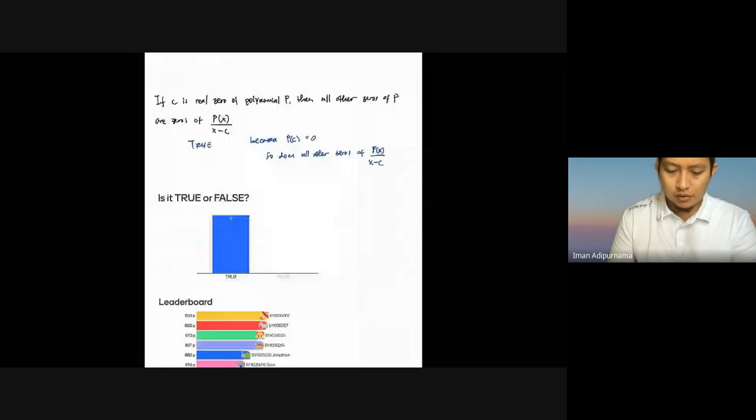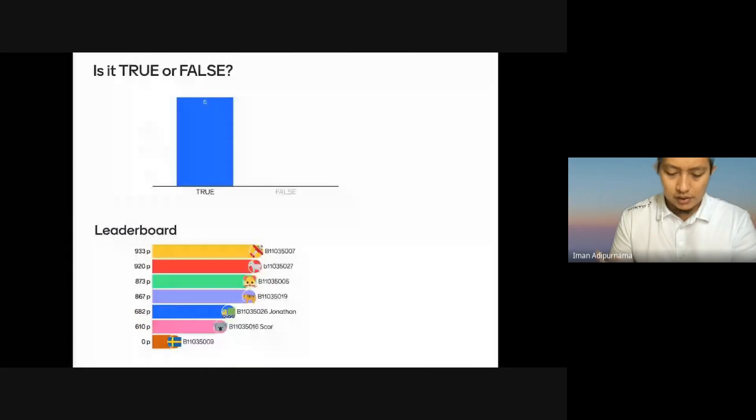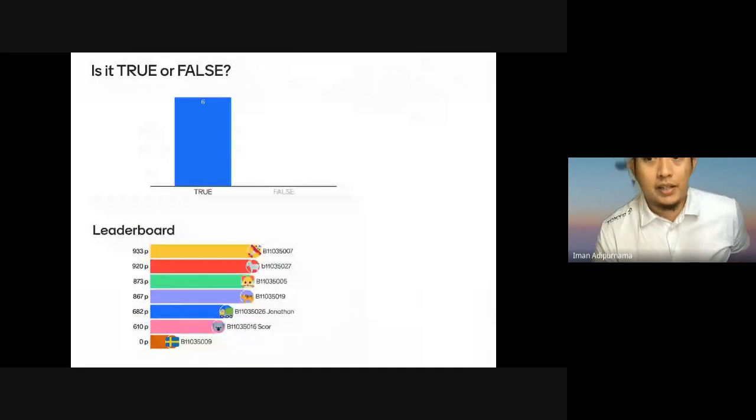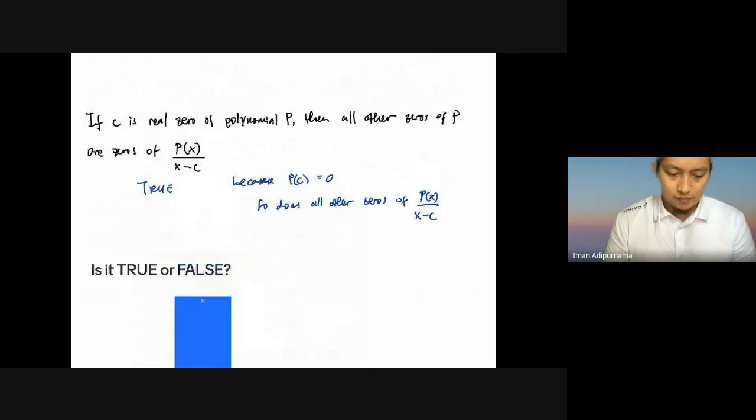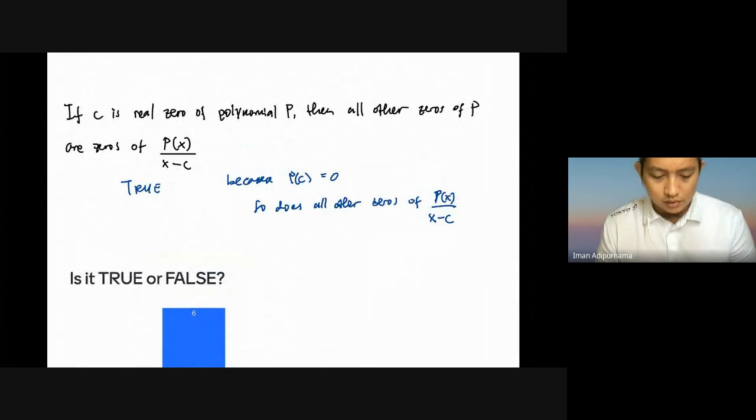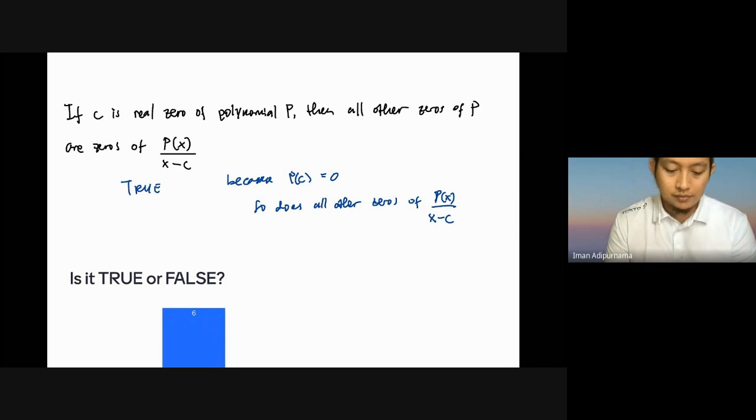Okay, let's start our course. First, let's review our feedback time. The statement: if c is a real zero of polynomial P, then all other zeros of P are zeros of the rational function P(x) over x minus c. This basically says that the result of this division will be, let's say, Q(x).